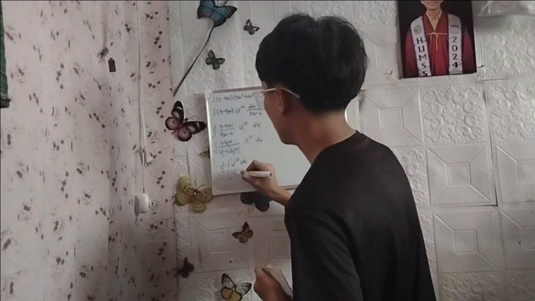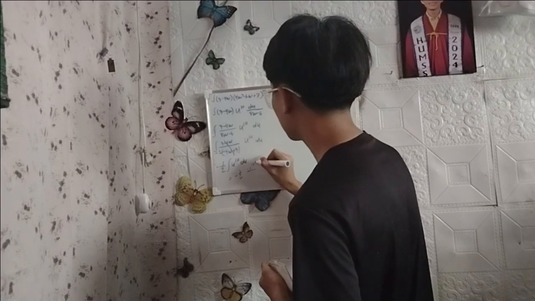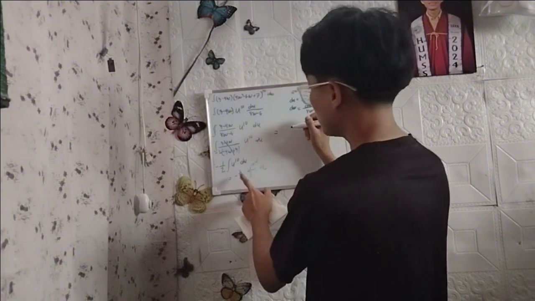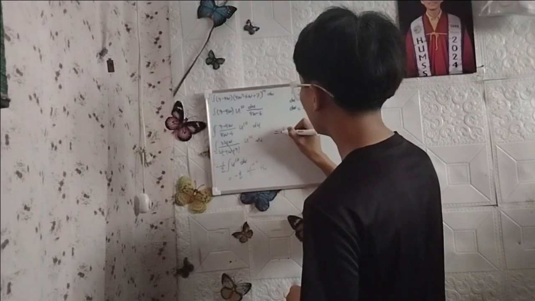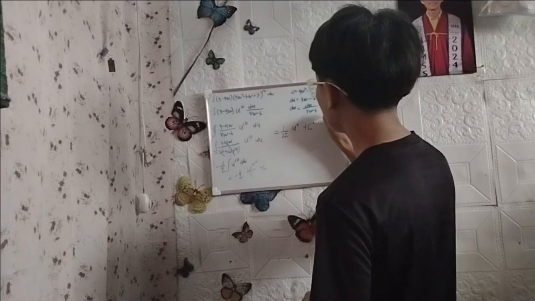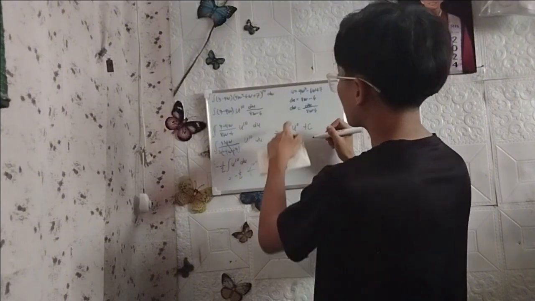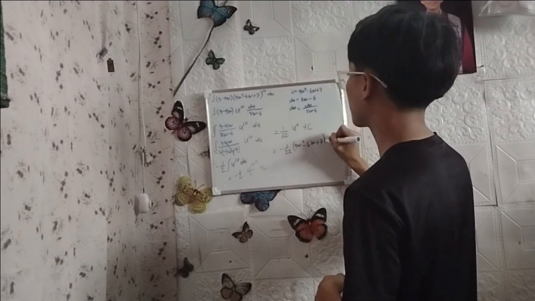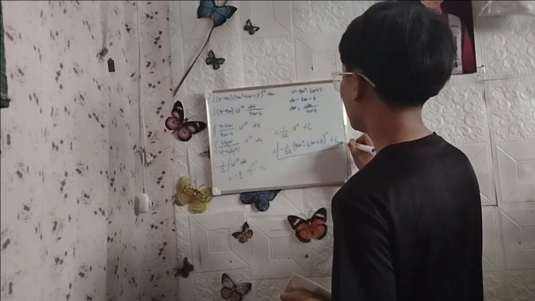So negative 1/2 u raised to 10 plus 1, plus c, and so it will become negative 1 over 22 u to the 11 plus c, and substitute the u, so equals negative 1 over 22 times the quantity 4w squared minus 6w plus 7 raised to 11 plus c, and this is our final answer.